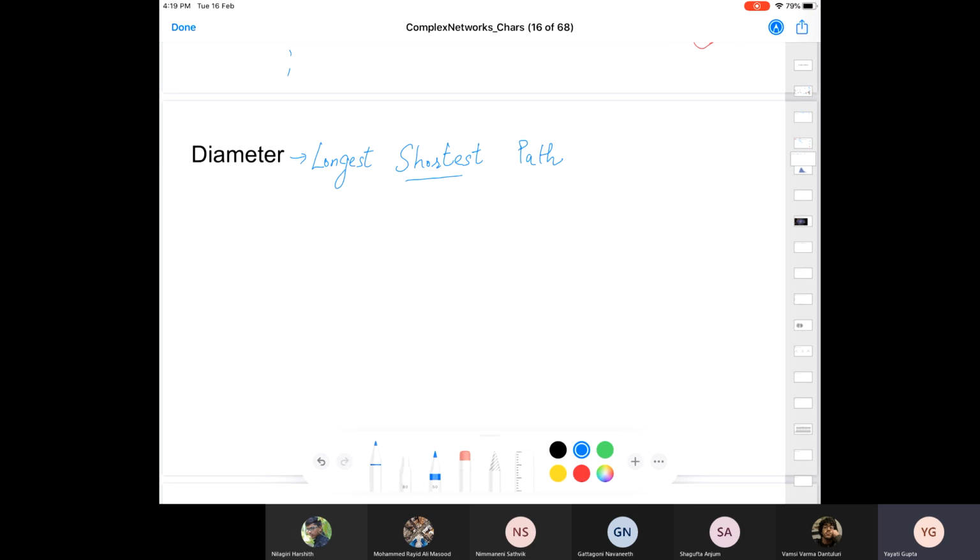So basically you figure out the shortest path between every pair of nodes. For every U, V pair, you figure out the shortest path between them, which we call the distance between the nodes. So maybe for some two nodes it is 3, for some it is 6, for some it is 7, for some it is 8, and then you choose the longest one, the maximum, which is 8. So you can say that it is the maximum of the distance between U, V where U, V belongs to E.